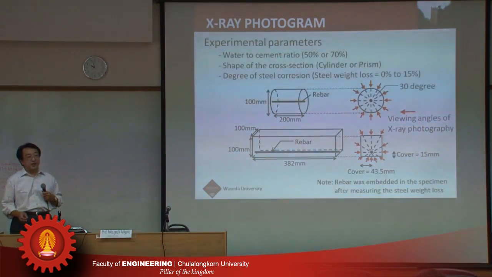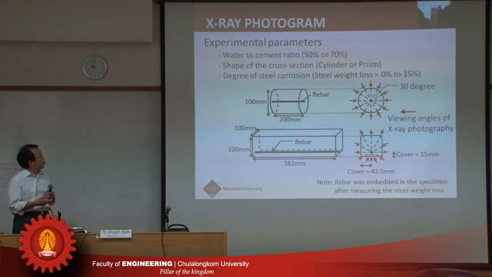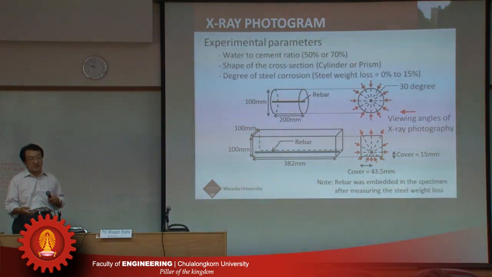So experimental parameters include water to cement ratio, shape of the cross-section, and the degree of steel corrosion. The target values of averaged steel weight loss over the entire rebars during the electric corrosion were set to 0%, 1%, 5%, 10%, and 15%.